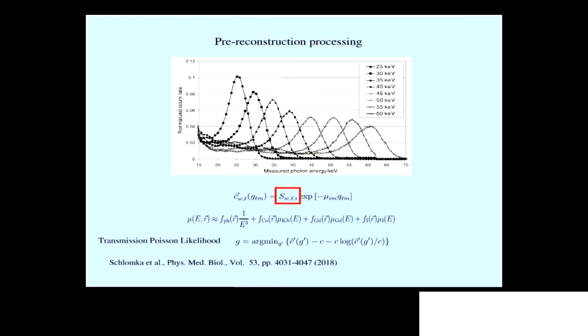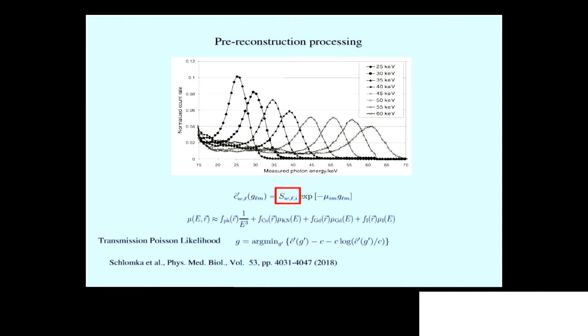They expanded this attenuation map into the 2 physical processes, the photoelectric and the Compton scattering, which deal with non-K-edge materials, and then added in 2 K-edge contrast agents, gadolinium and iodine, okay?